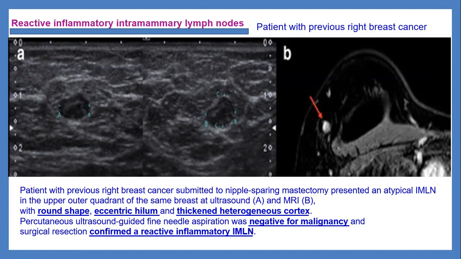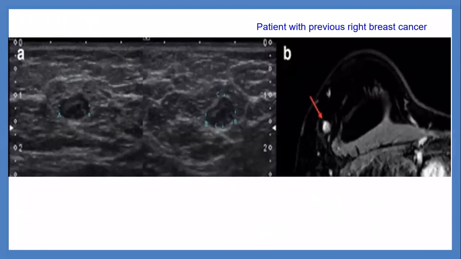Oval, well circumscribed, high intensity in the outer part. What is the sequence of the MRI? Here there is fat sat, so with contrast enhancement.